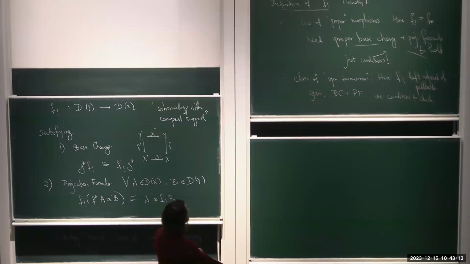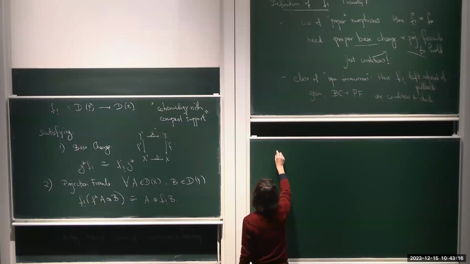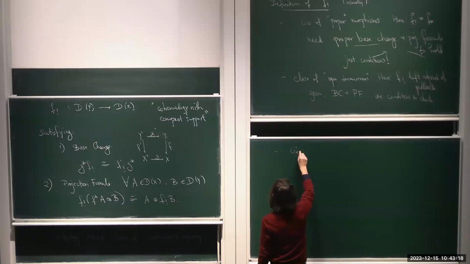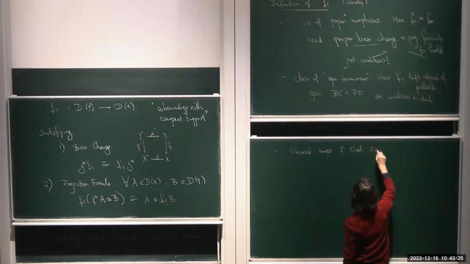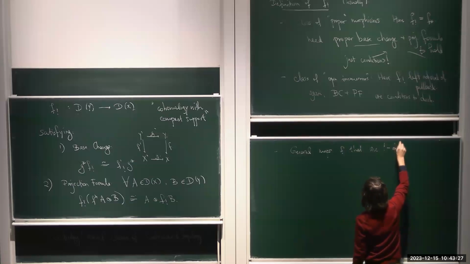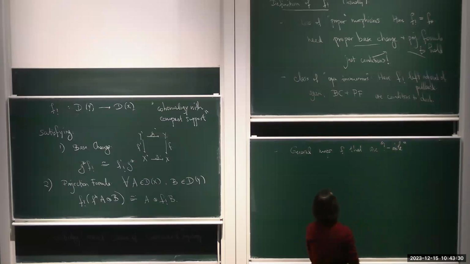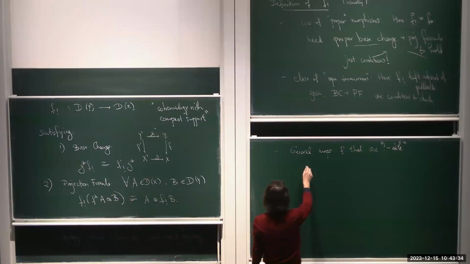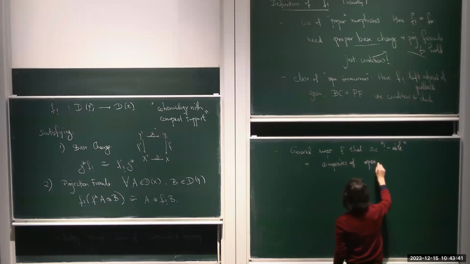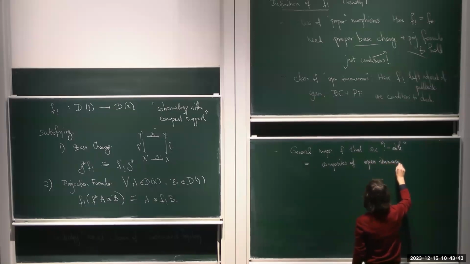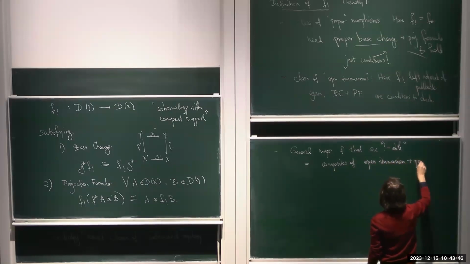And then the general maps f that are allowed, or I would call them shriekable, so these are the ones for which this lower shriek functor is defined, are taken to be the composites of an open immersion and a proper map.